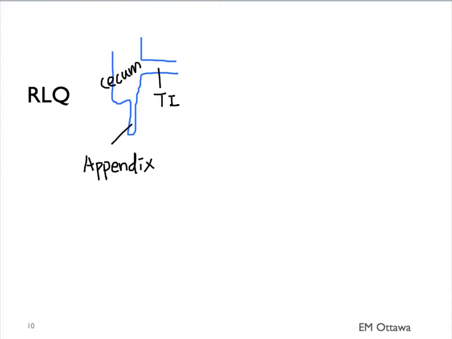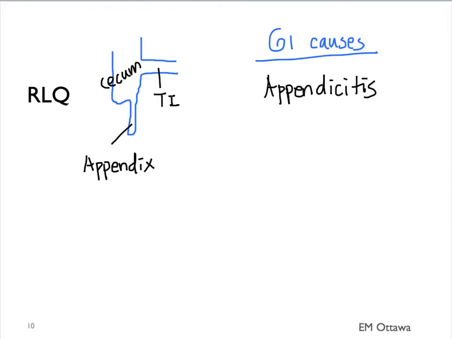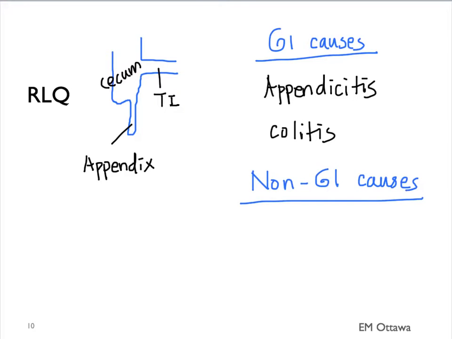What about the right lower quadrant? What lives there? Terminal ileum, cecum, and the appendix. The main GI cause is appendicitis. It can also include colitis. What about non-GI causes? What can refer pain to the right lower quadrant? The gynecological tract can refer pain to the right lower quadrant.